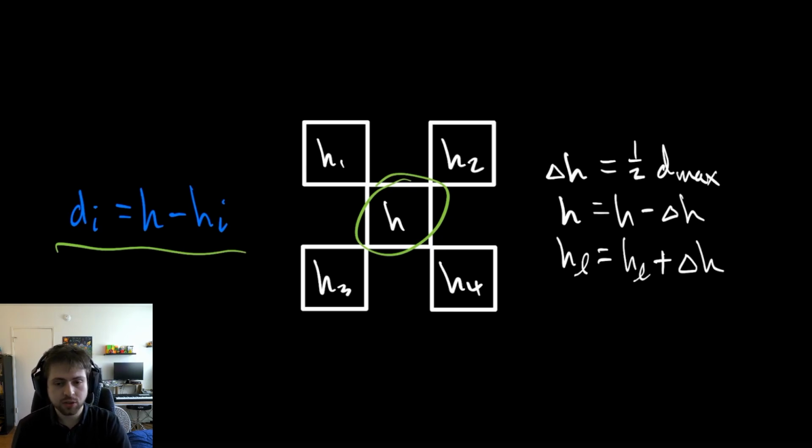And so we need to ask ourselves, given d max, should we erode the current cell? Well, let's think about this. Let's say d max is less than 0. What does that imply? Well, that implies that the current cell is lower than all of its adjacencies, which means we shouldn't erode it, right? Because remember, we should only apply erosion if the current cell has a higher inclination than those lower cells around it.